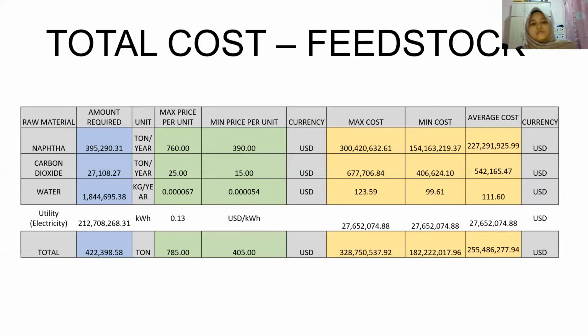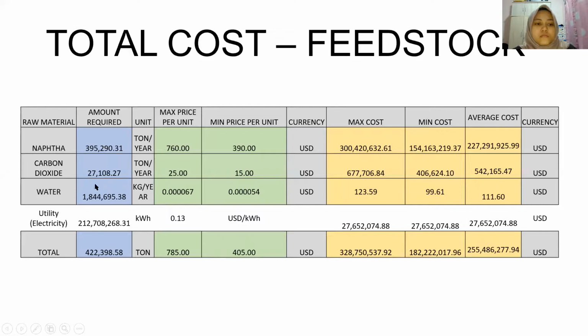Okay, so we have 3 feedstocks, including the utility. For our feedstock, we have naphtha, which is our main raw material, carbon dioxide and water. The amount of naphtha we get is quite high, which is around 395,290.31 ton per year.